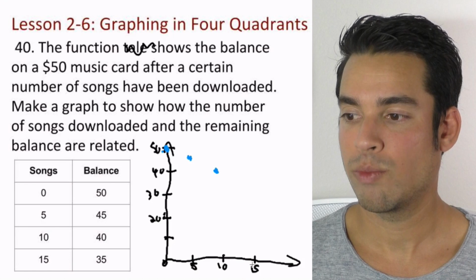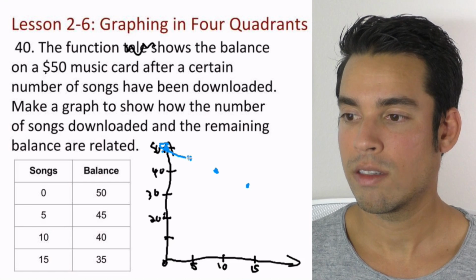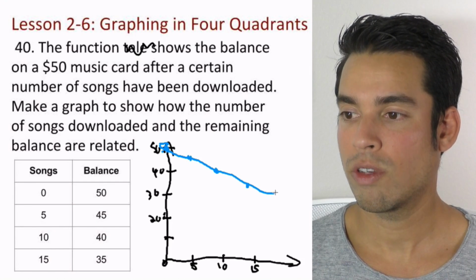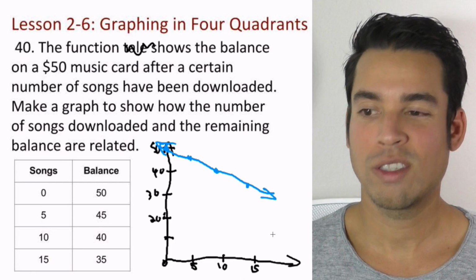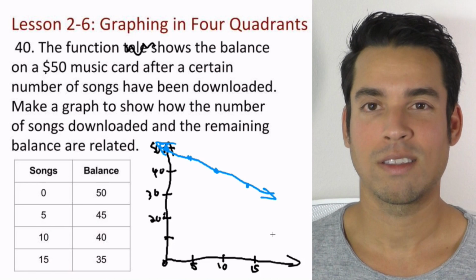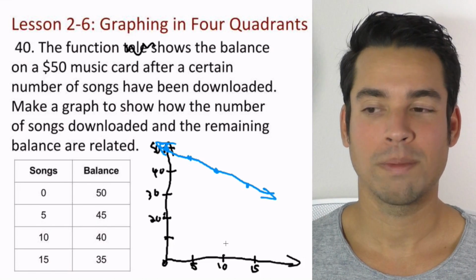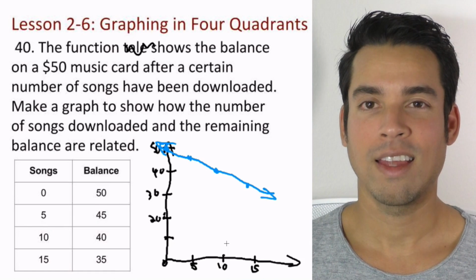And at 15 we are at 35. So now you can kind of see we got a nice little graph. It's sort of going like this, and we can see as this continues down, it looks like every time the songs goes up by 5, our balance drops by 5. So it seems to be that one-to-one relationship. And that is it.